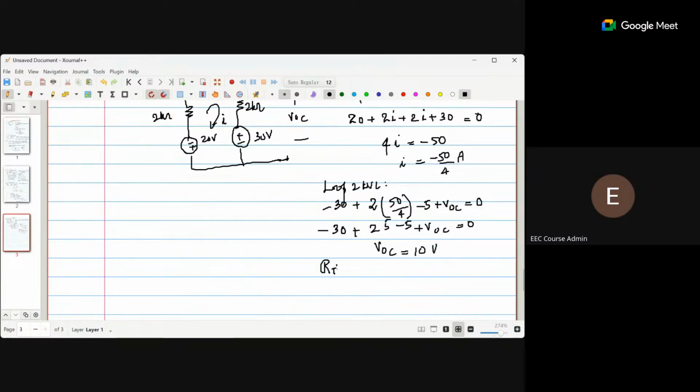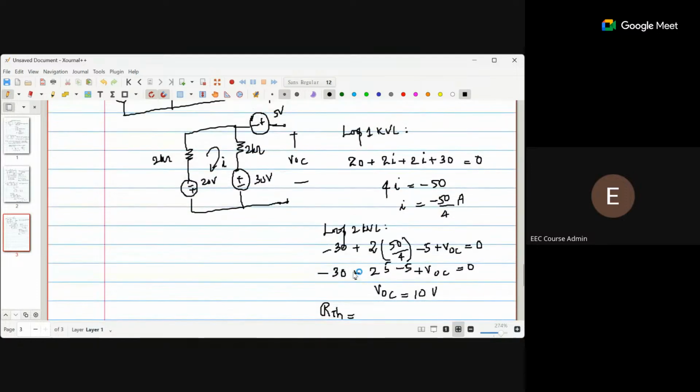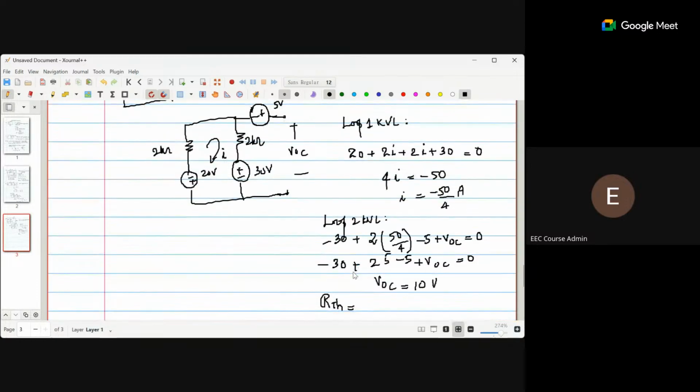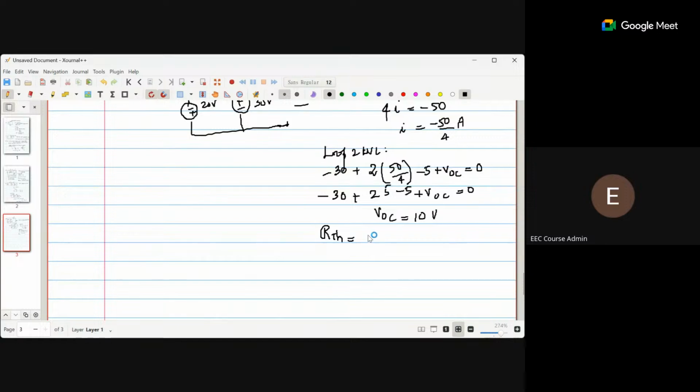And RTH will be, when you short circuit these voltage sources, 1 kilo ohm. So maximum power will be VTH square by 4 RTH. So that will be 100 by 4 kilo ohm, which is 25 milliwatts.